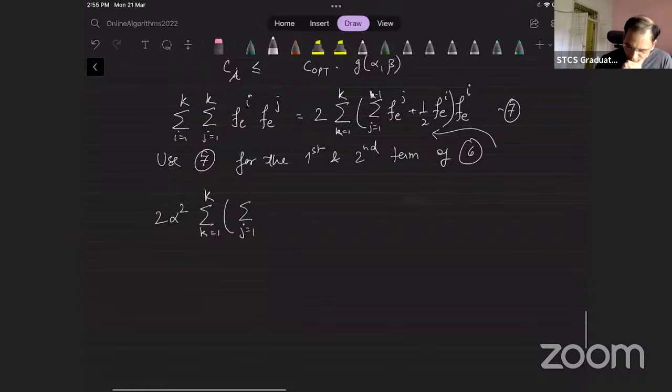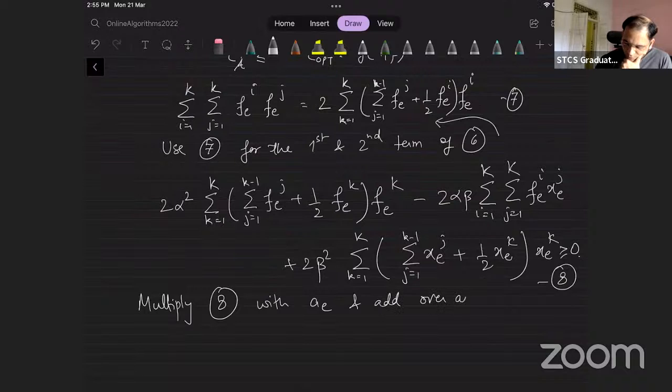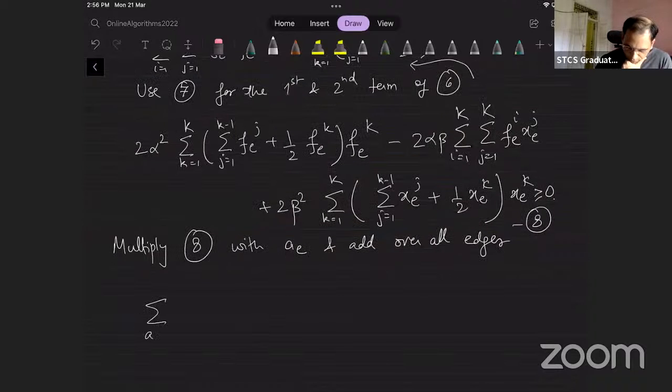Okay, now multiply equation number 8 with the constant a_e that defines our latency cost and add over all edges. Currently in 8 there is no summation across edges, it's only requests which are being added together. So this will give us summation over e belonging to E, a_e, and the whole thing, 2 alpha square. Yeah, this is too irritating to write, but there is no other way.